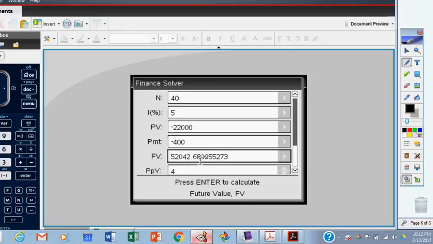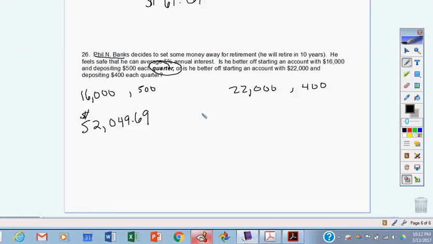Everything else stays the same. We hit enter there, and that comes out to $56,755.45. So clearly putting in 22,000, putting in more and paying less per month, is going to get him in a better situation.